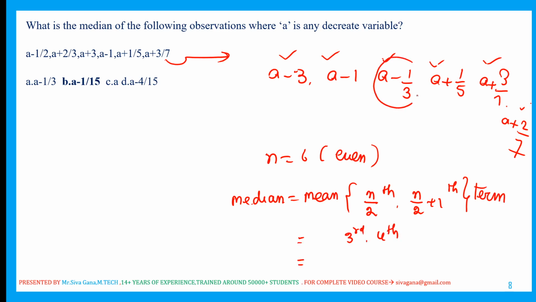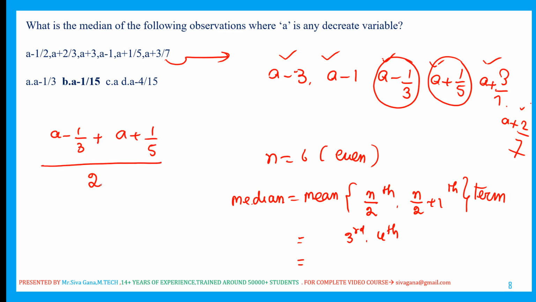Third term is A minus 1 by 3, fourth term is A plus 1 by 5, which means A minus 1 by 3 plus A plus 1 by 5, divided by 2. This is the median. After doing the simplification, I got A minus 1 by 15, which was there in the options.